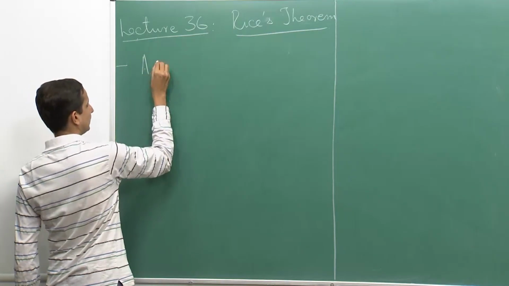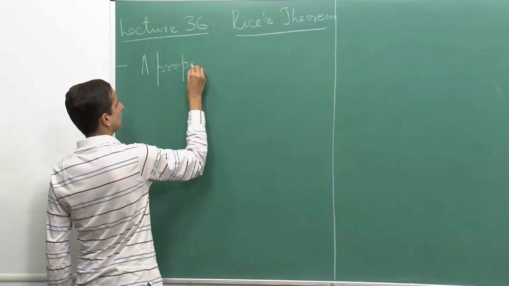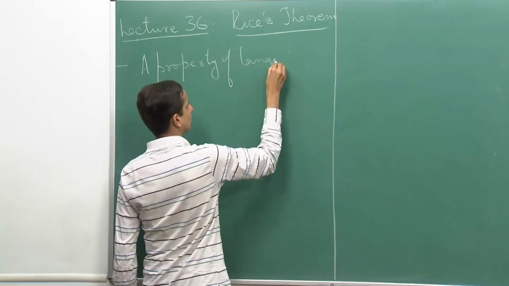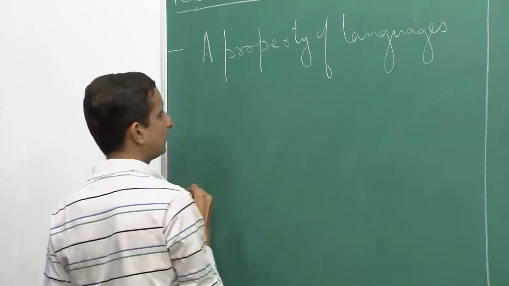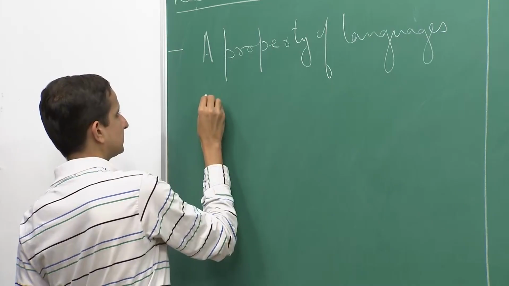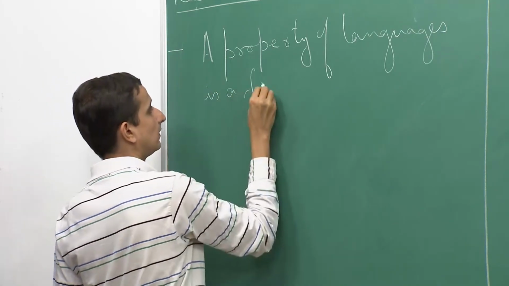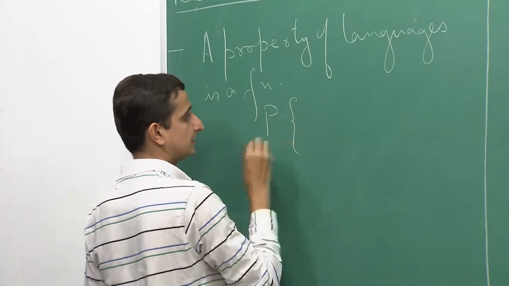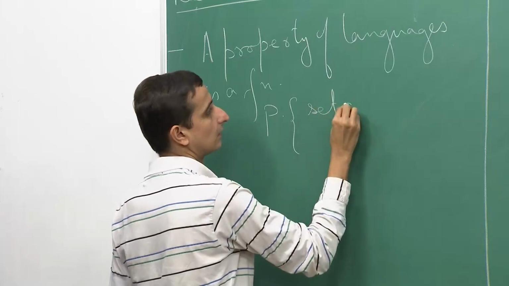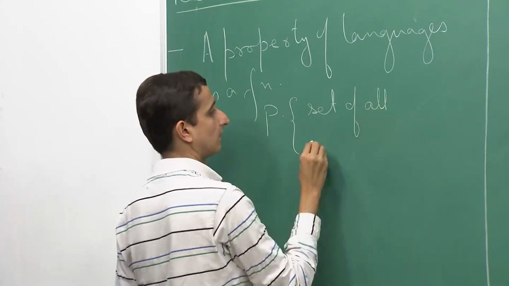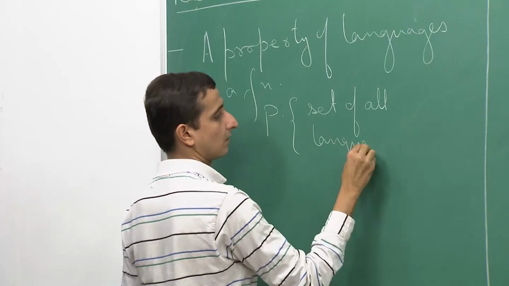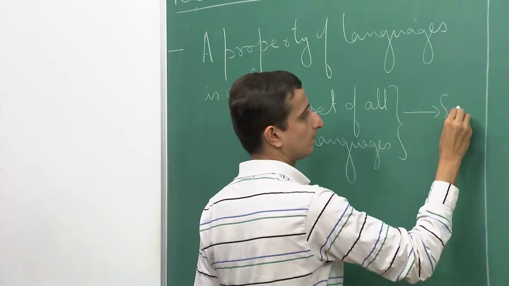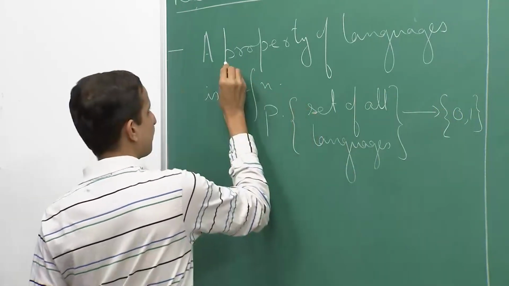A property of languages is a function p that goes from the set of all languages to {0, 1}.